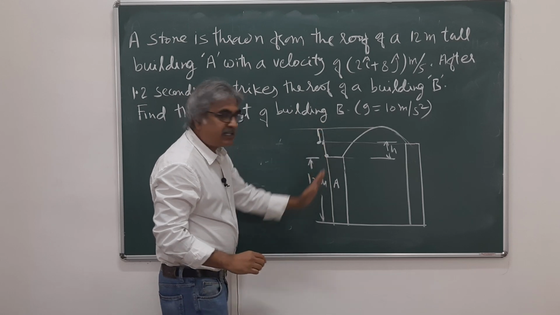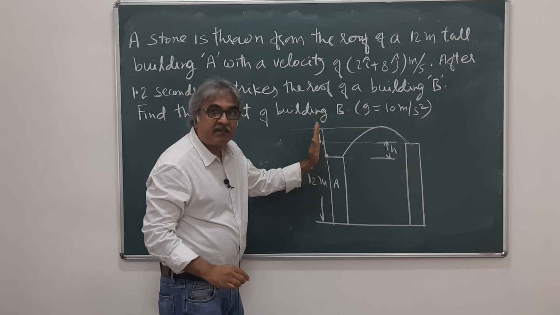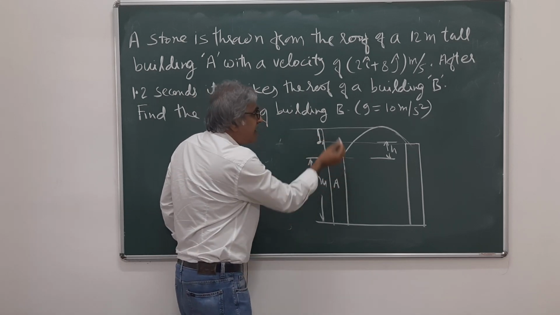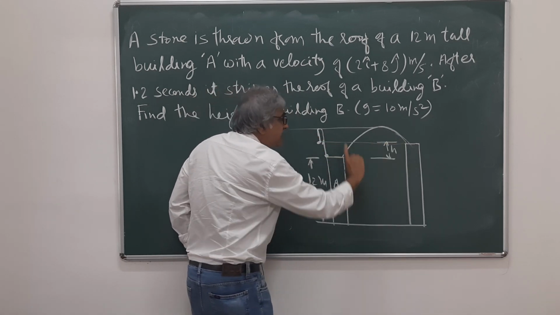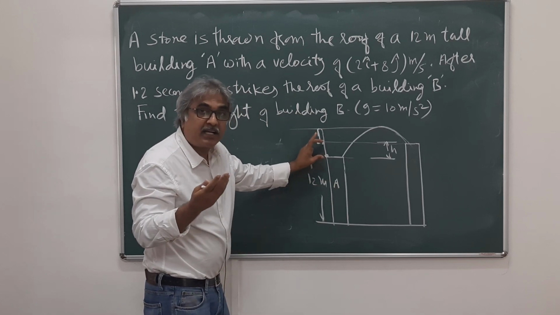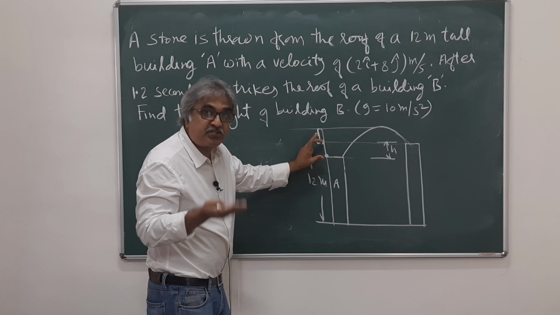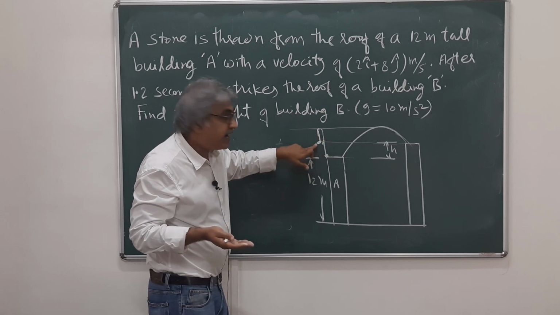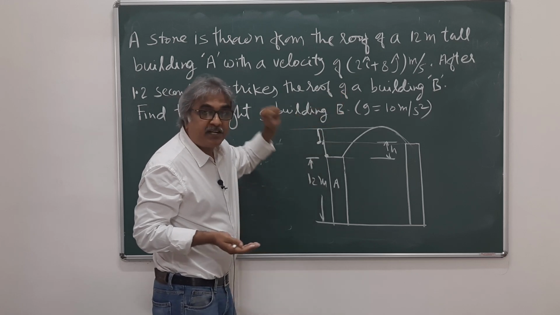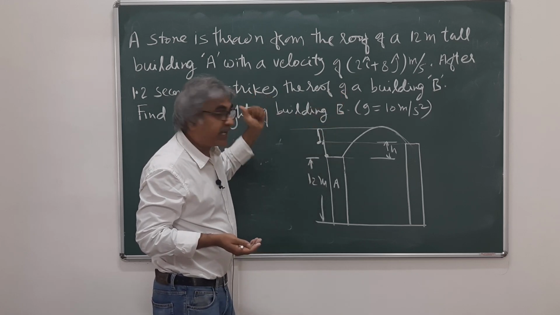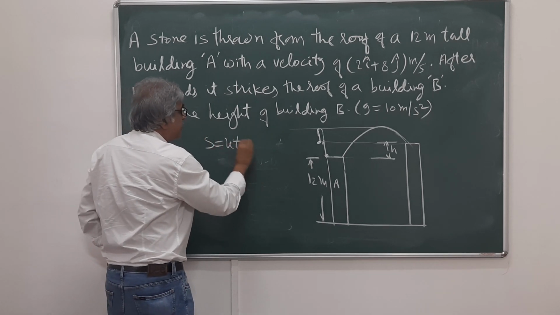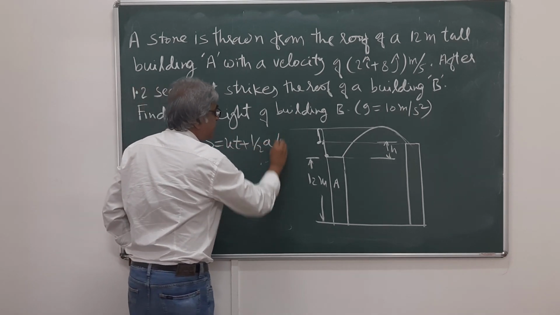So you can now consider this as a rectilinear motion. This is the displacement upward, because the stone is thrown up and it is reaching here. That means it has moved up by this much height, h. This is your vertical displacement, positive. Time required is given as 1.2 seconds. So we can write the equation S is equal to ut plus half at square.